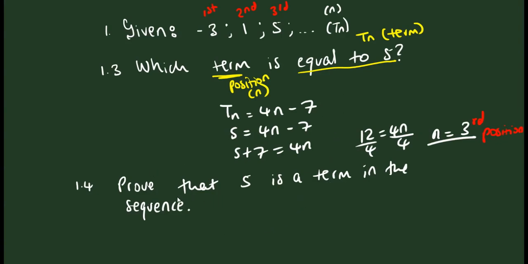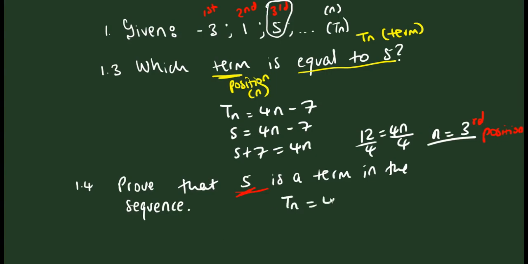And then 1.4 says prove that 5 is a term in the sequence. Wow, I like this one. Prove that 5 is a term in the sequence. Well, we can see that 5 is in the sequence, but they want us to prove it. How do we prove it? You just have to know the position and the term. You go to the general term, in fact, right?